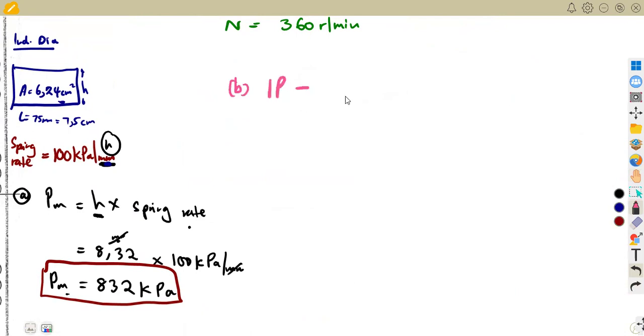The indicated power is equivalent to PLAN, where this is the indicated mean pressure as given from our formula sheet. The indicated mean pressure we calculated. If we use this in kilopascal, our answer is going to be in kilowatts.